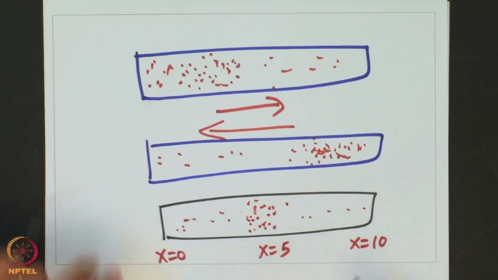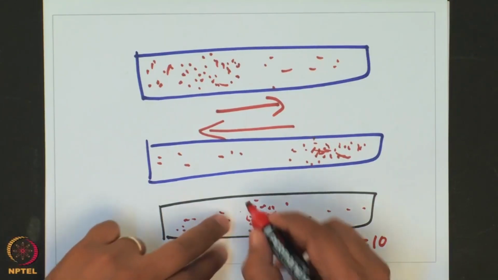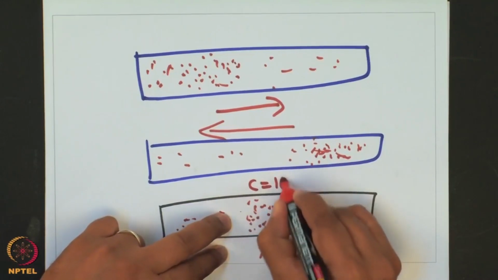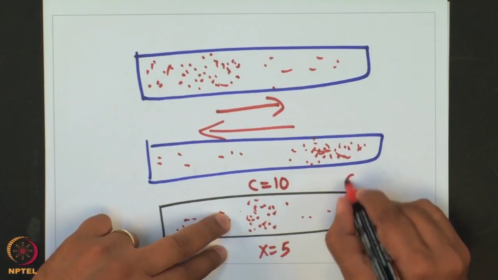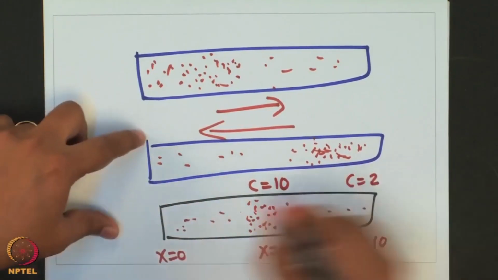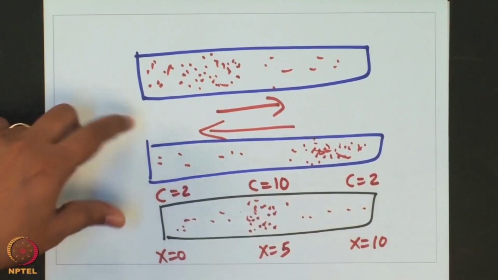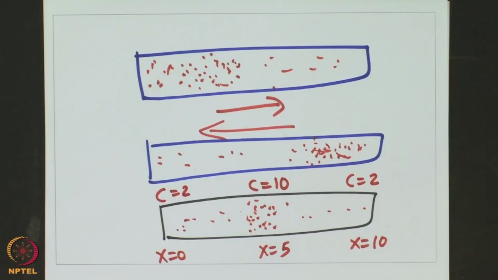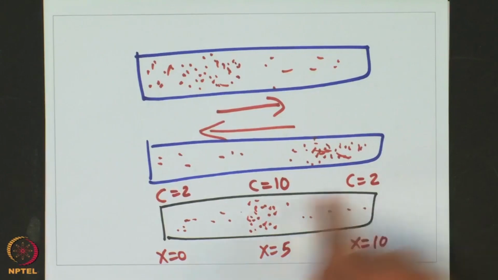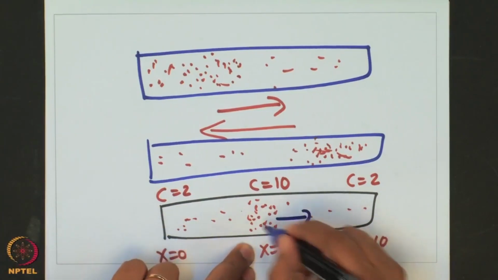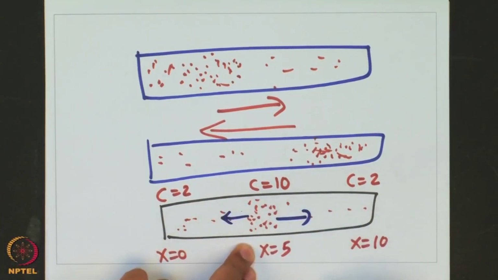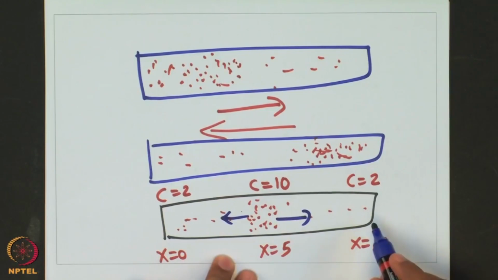Let us say the concentration here is 10 micromolar, which is the unit of concentration, and here C is equal to 2 and here also C is equal to 2. So, high concentration in the middle, low concentration on either side. Even here the flow will happen to both sides; from the center it will flow to either side.